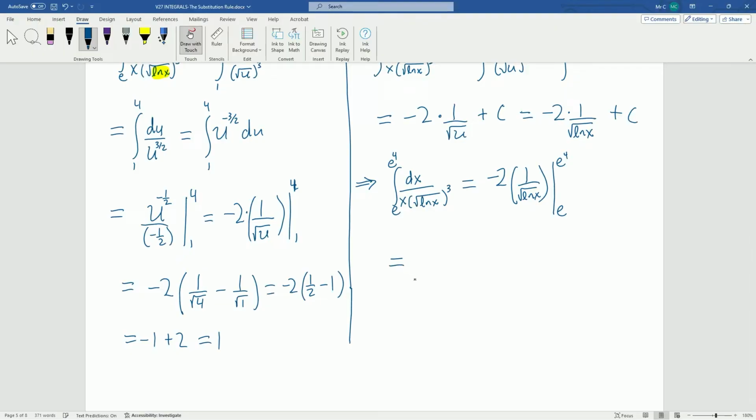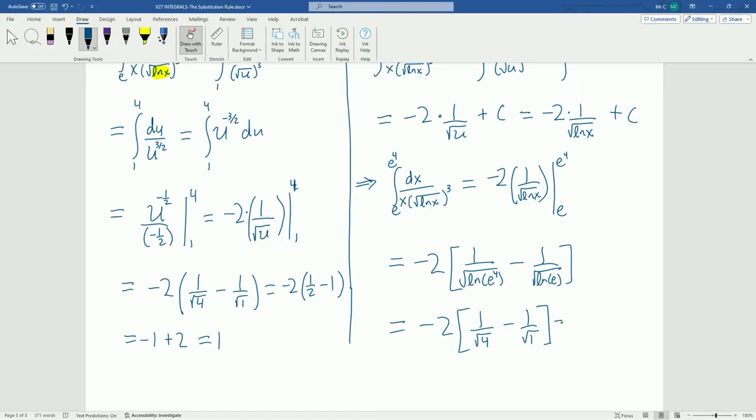That was a little bit of a tongue twister. -2 times 1 over the square root of ln of e to the 4th minus 1 over the square root of ln of e.